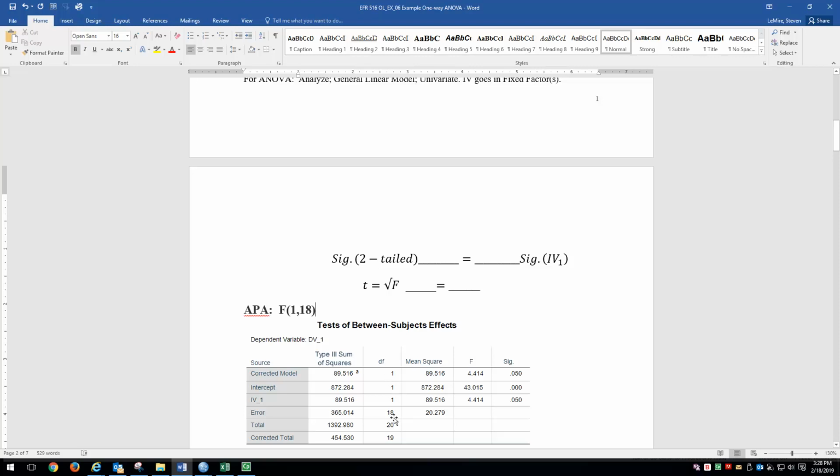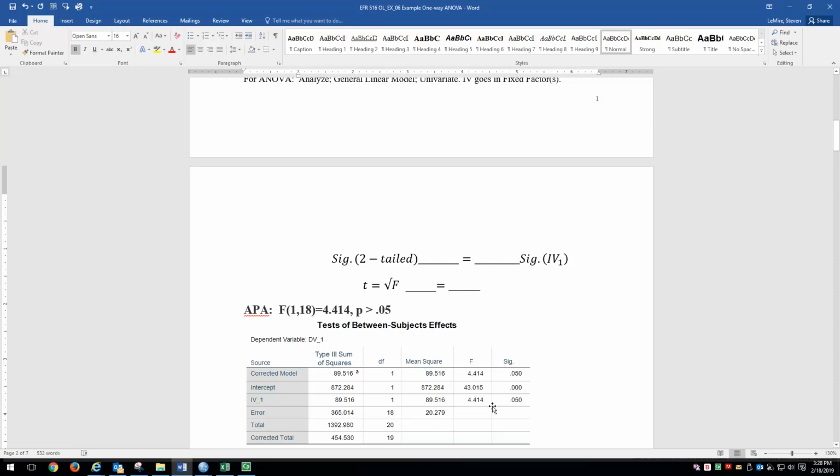Its value is equal to 4.414, comma, and again, I'm going to say p greater than 0.05. Okay, it's actually 0.05, but it's not less than. And that's our criteria for shifting it.